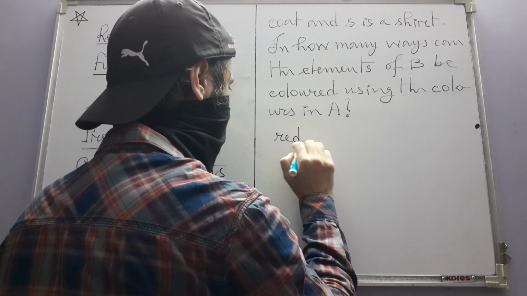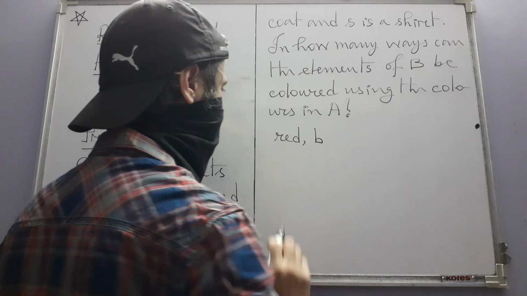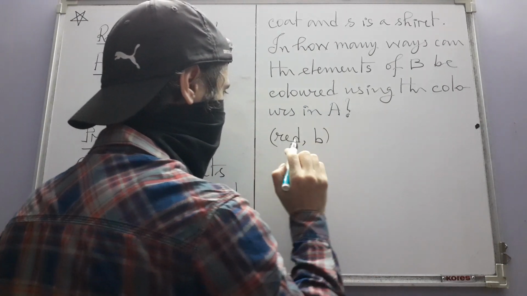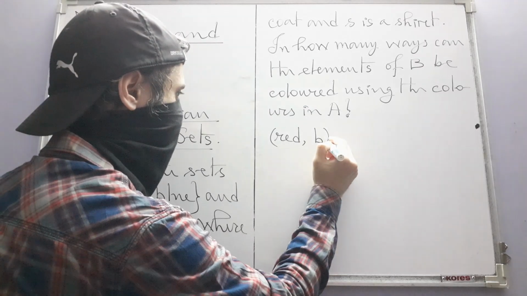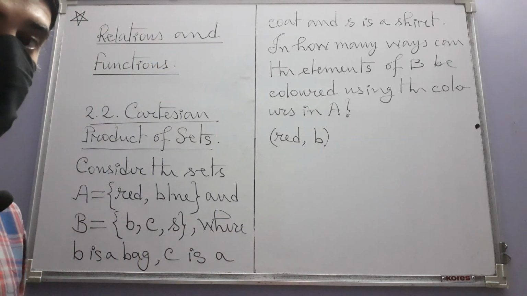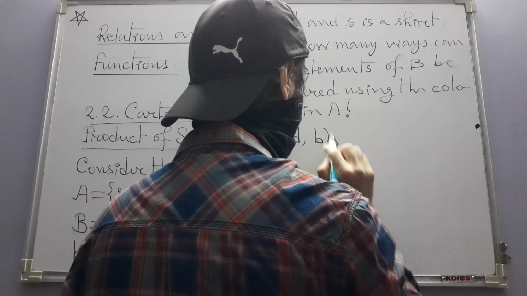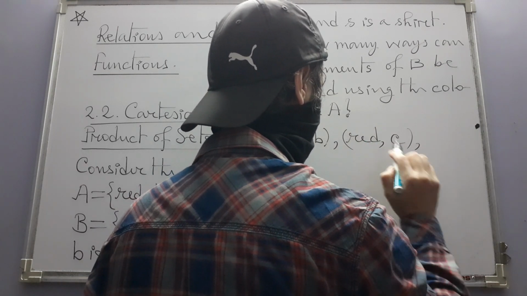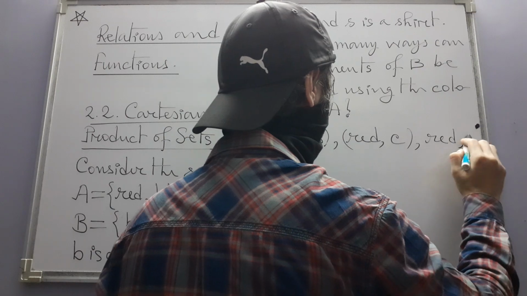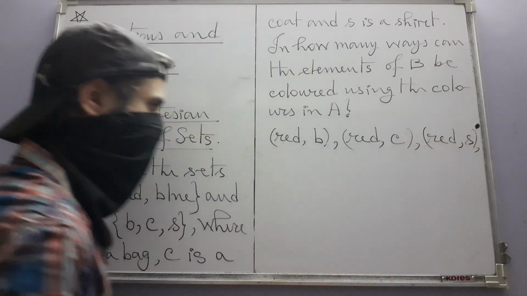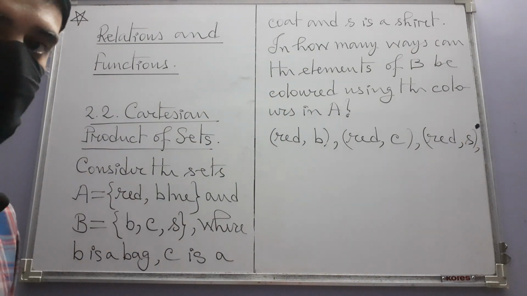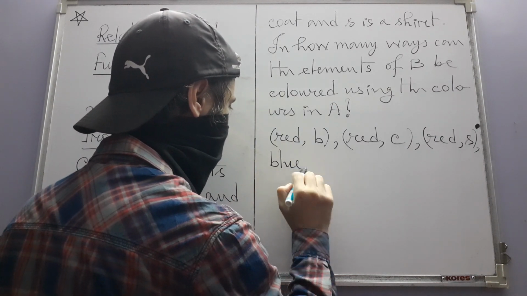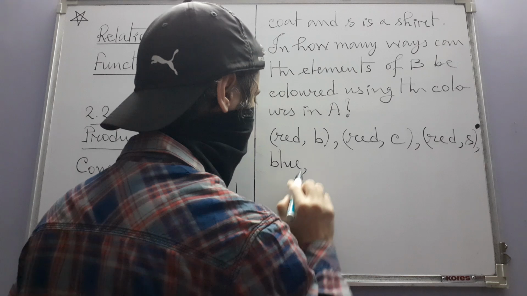We can color the bag red. Okay, so let us enclose these two things within round brackets, within parentheses. We can also color the coat red, and we can also color the shirt red, or these items can also be colored blue, giving us these further pairs.